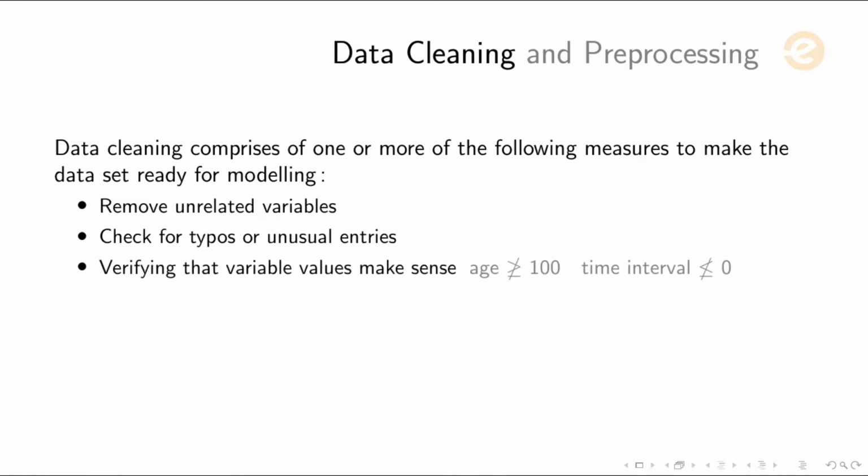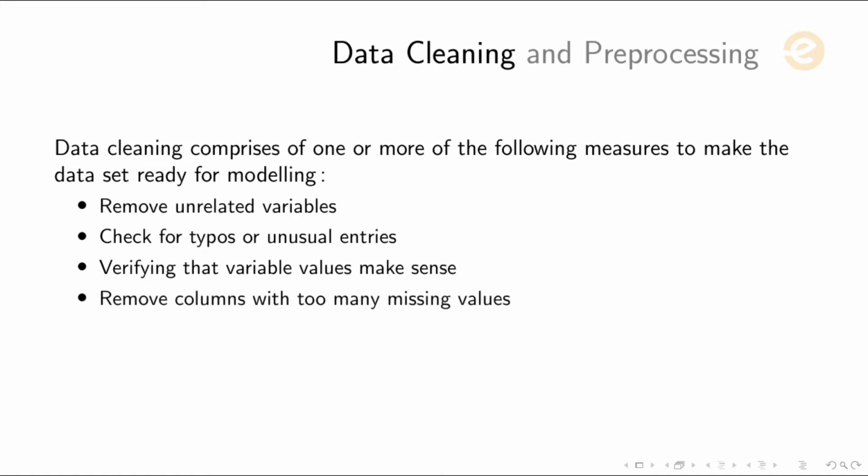Thirdly, you need to make sure that variable values like age are all relevant, so age cannot be more than 100, and a time interval or a number of apples cannot be less than 0. With that done, we'll concentrate on the most essential part of data cleaning, the missing value part.